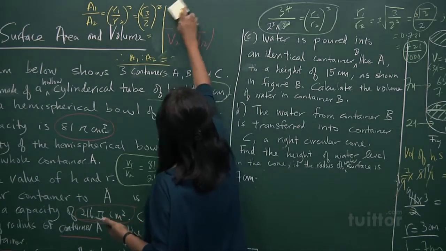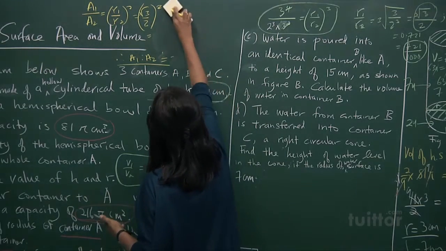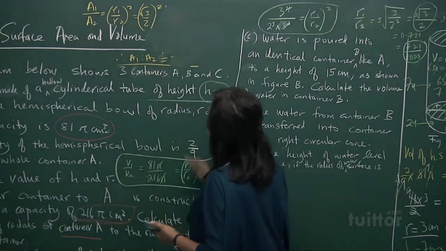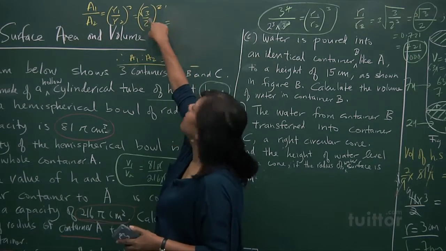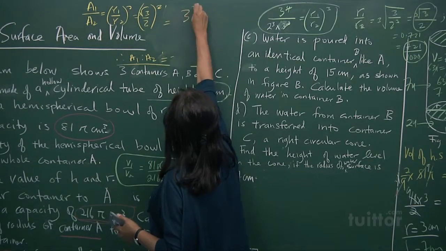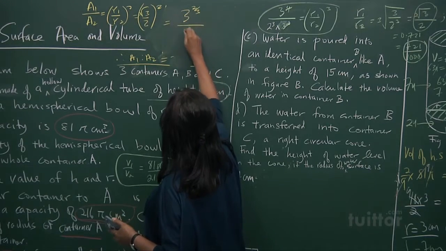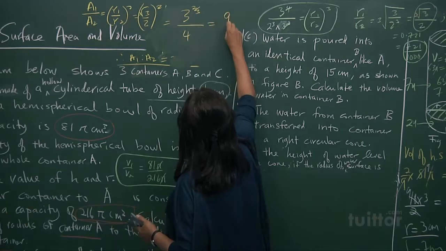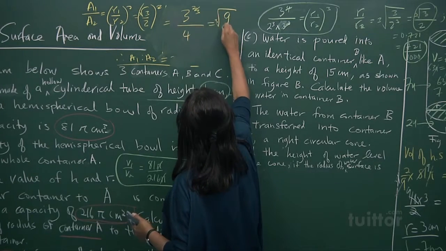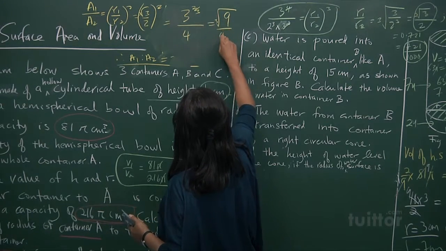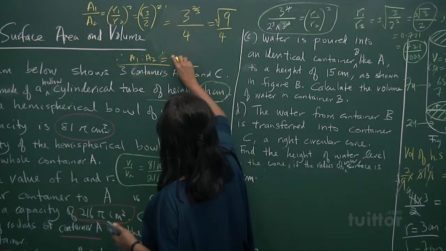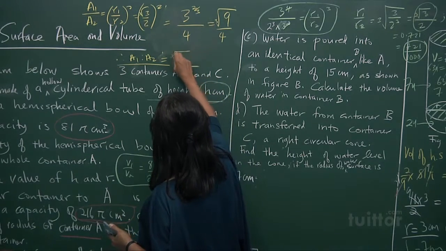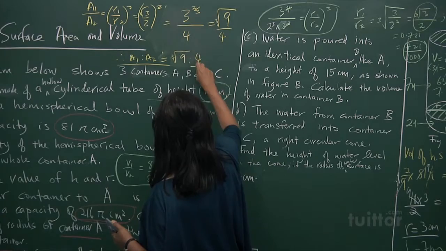So what will that be? Cube root of 3, when you square it, you get 3 to the power of 2/3, and this is 4. Now 3 squared is 9, so it is cube root of 9 over 4. So the ratio of A1 to A2 is cube root of 9 is to 4.